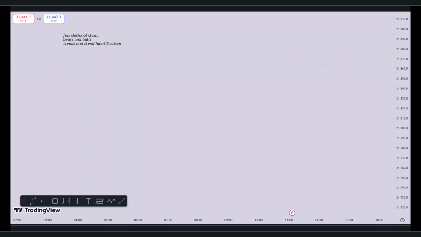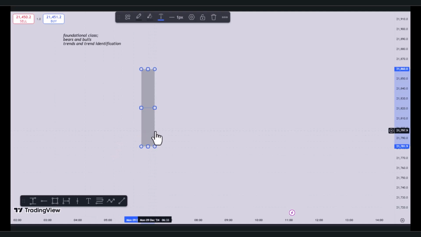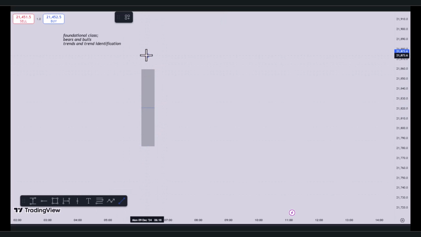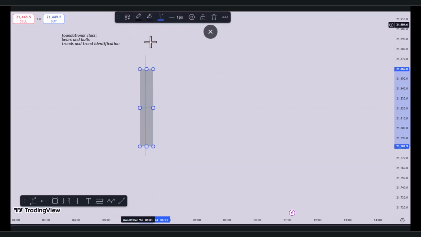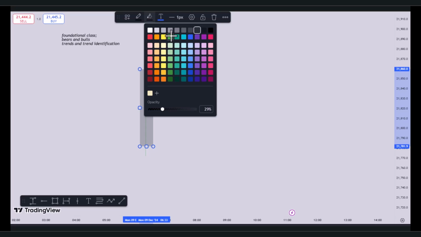So let me just get you the definition of these candles. We have our candle right here. This is our bullish candle, right? Just getting you to be able to identify the different terms that we are going to be using as we are relating to these candles here.